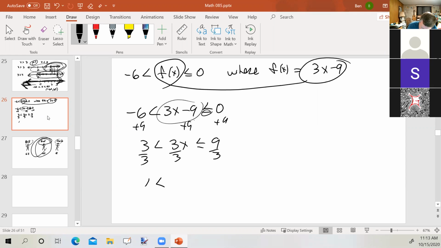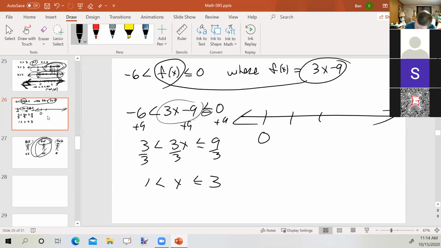So I'm going to get 1, x, and 3. All right, so there's my solution. If I graph that, it would be like that and like that. And then interval notation like that. It's this thing here.